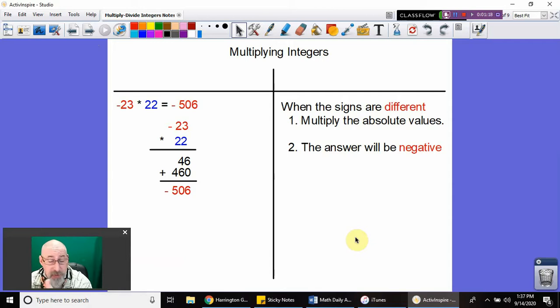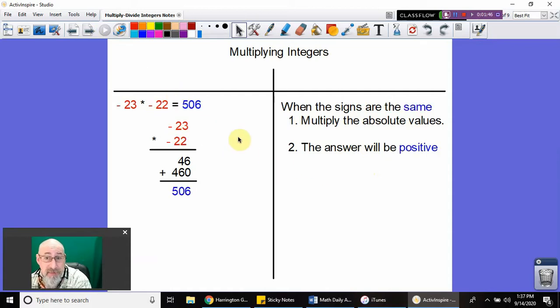We're still going to do the multiplying. We're still going to get 506. The difference is the rule. If the signs are different, the outcome is always going to be a negative value. So again, when the signs are different, multiply the absolute values and the sign will be negative.